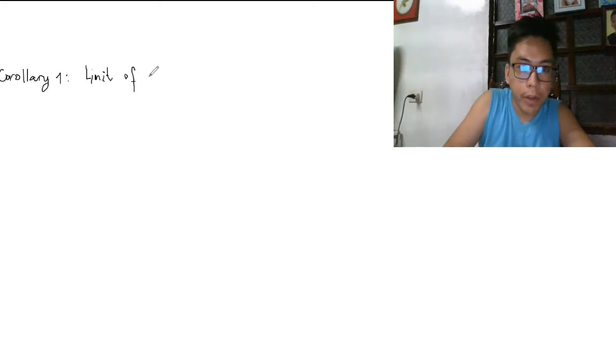So by having a discussion on the limit of a linear function, we would have a corollary for that. Corollary 1, this is what we call the limit of a constant function.